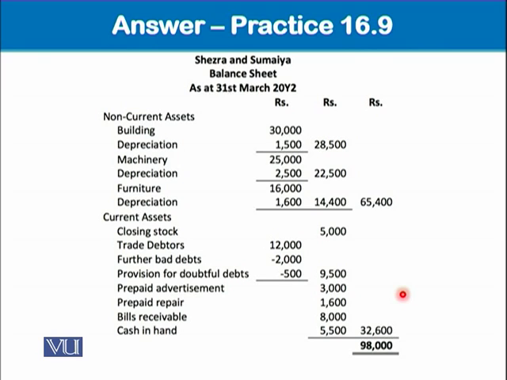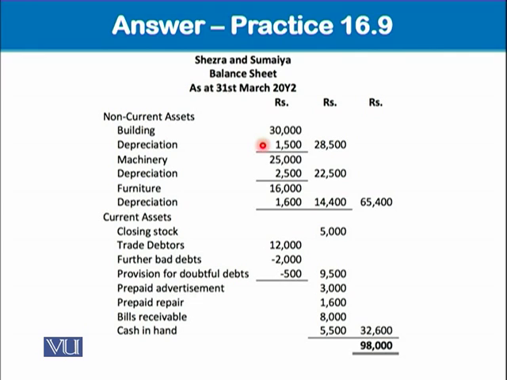Let's see how this balance sheet will be worked out. So we have all this information in the trial balance. We are very much familiar and confident with all these figures. Non-current assets: building is appearing in the trial balance along with depreciation that will be subtracted from it because this was given in the adjustment.